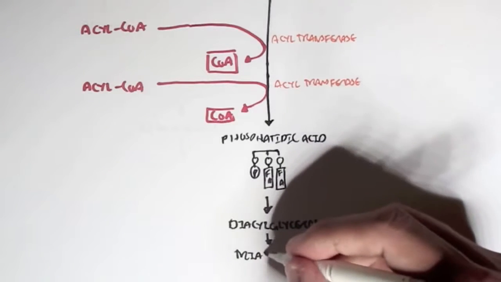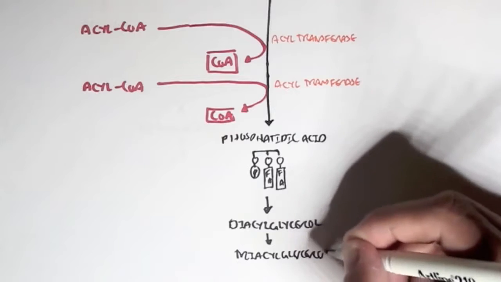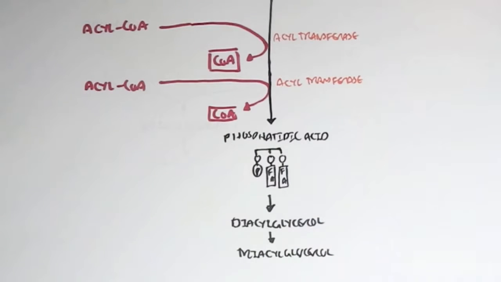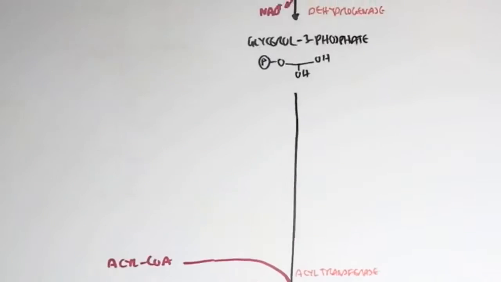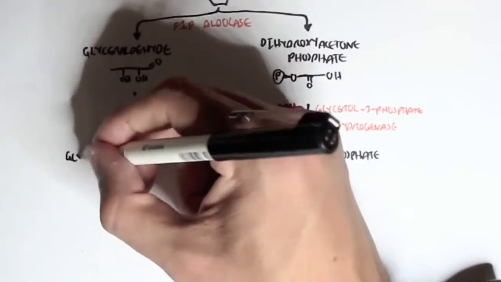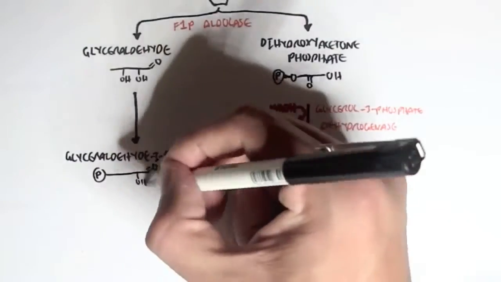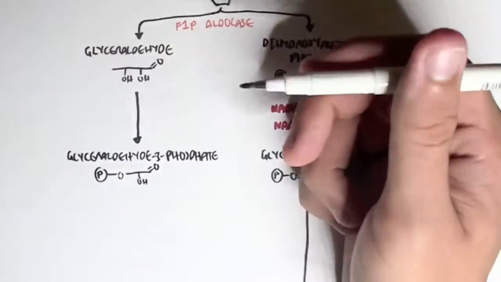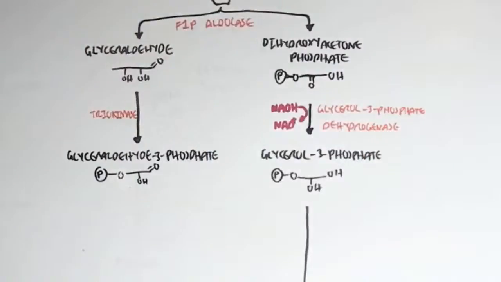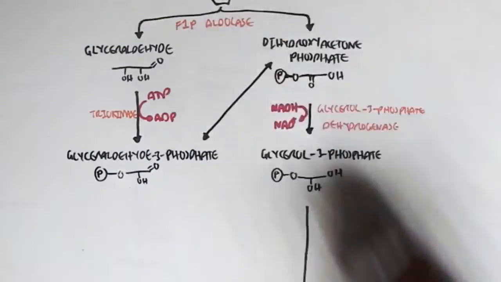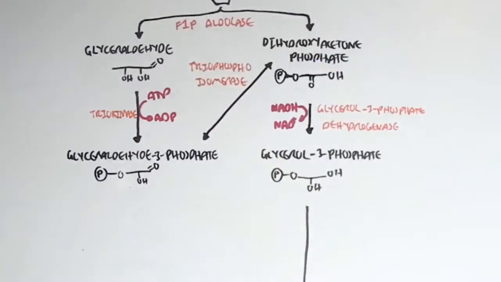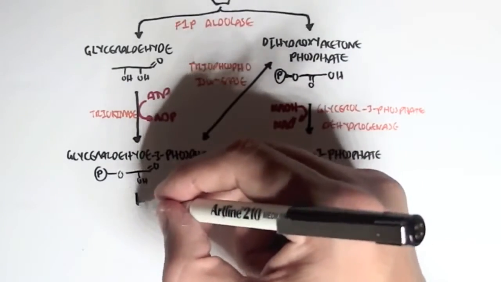And this is what we see in non-alcoholic fatty liver disease, accumulation of fatty acids and triacylglycerols, right? So where do these fatty acids come from, these acyl-CoAs that get added here? Well, surprisingly enough, they also come from fructose. What happens is glyceraldehyde can convert to glyceraldehyde 3-phosphate by the enzyme triokinase, the phosphate obtained from ATP. Dihydroxyacetone phosphate can actually also convert to glyceraldehyde 3-phosphate by the enzyme triosephosphate isomerase.